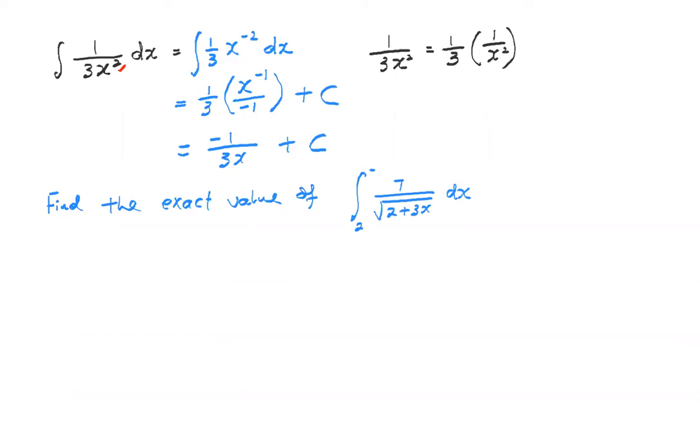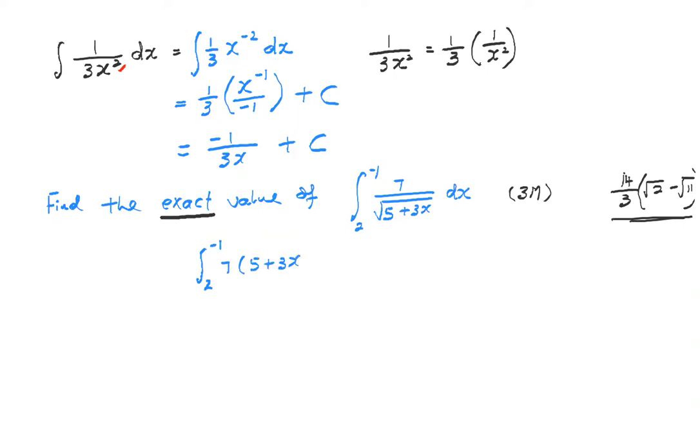I try to make it okay. Can I change this value? Okay, start now. I'm testing you on this one. You have to integrate from 2 to negative 1, 7 times 5 plus 3x to the power of negative half dx.